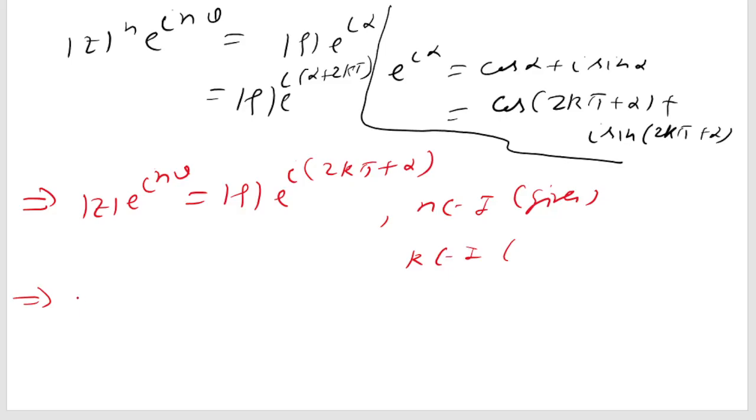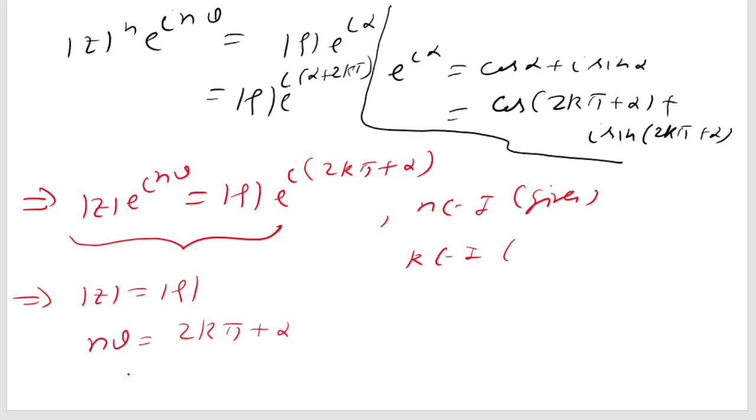So I can say that the modulus of z and these are equivalent. First, their modulus is the same and their argument is also the same. So I can say n theta is equal to 2k pi plus alpha, or theta is 2k pi plus alpha by n, where k is an integer.